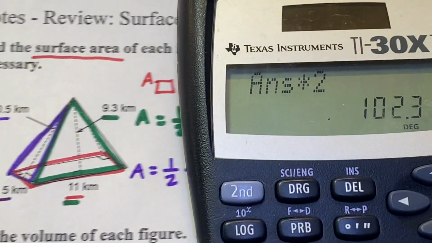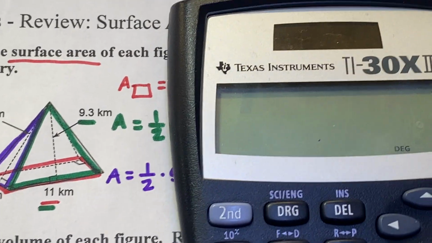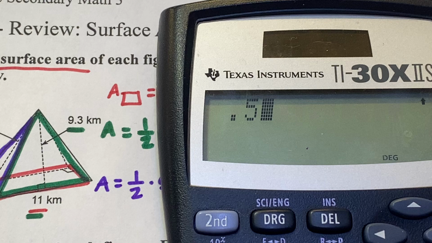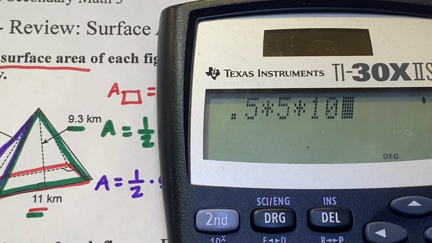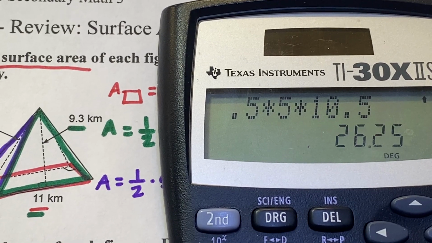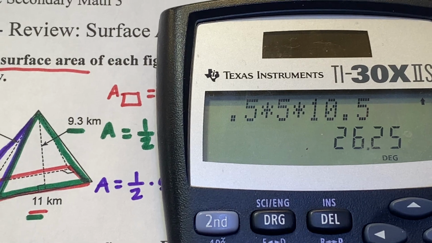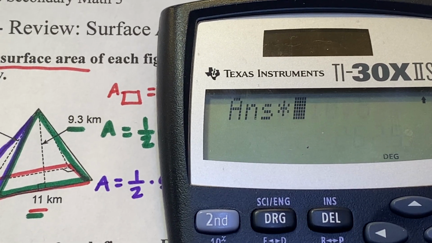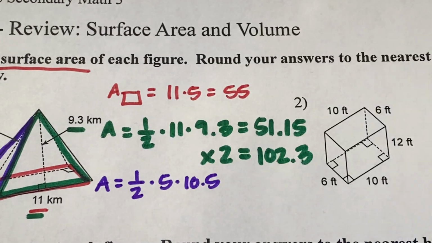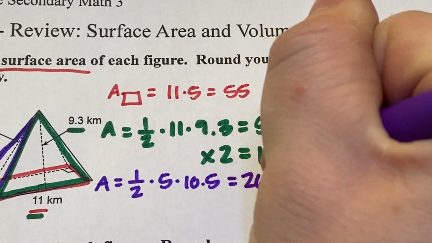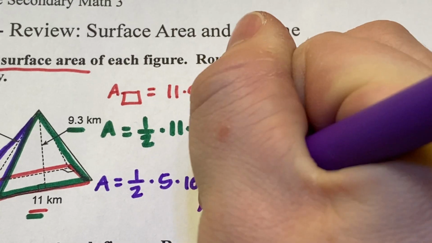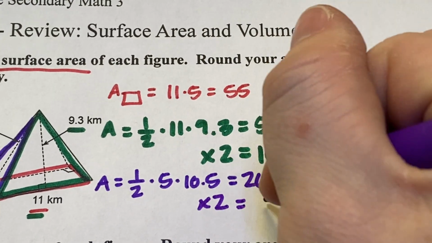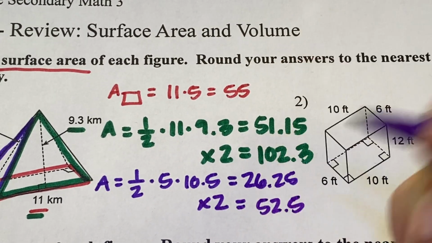Let's put that into our calculator. I got 0.5 times 5 times 10.5, 26.25. But again, I have 2 of those sides. So I'm just going to take that 26.25 and multiply it by 2, and that gave me 52.5.